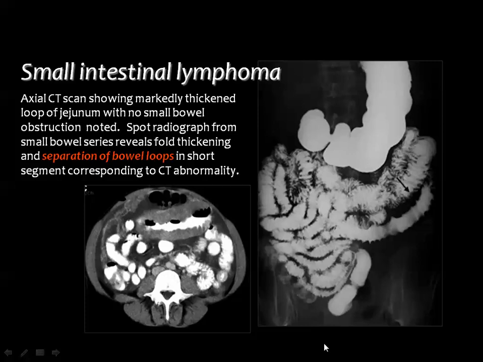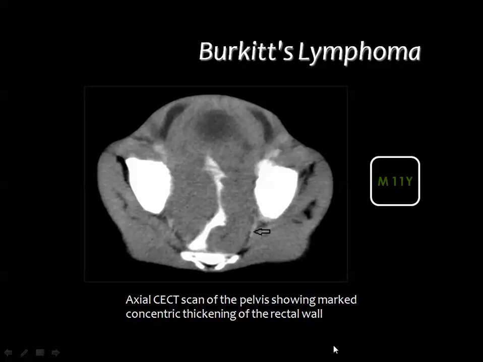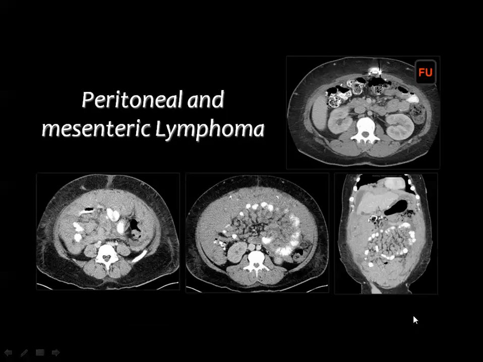And this is Burkitt lymphoma of the rectum. You see a bulky mass affecting the rectal wall, encroaching on the lumen, which is opacified by gastrografin. Also, lymphoma can affect the mesentery and the peritoneum. At that time, you will see bulky masses infiltrating the omentum, as you can see here, and soft tissue, ill-defined masses infiltrating the root of the mesentery, which are indistinguishable from the peritoneal metastasis resulting from ovarian or colonic cancer, for example.